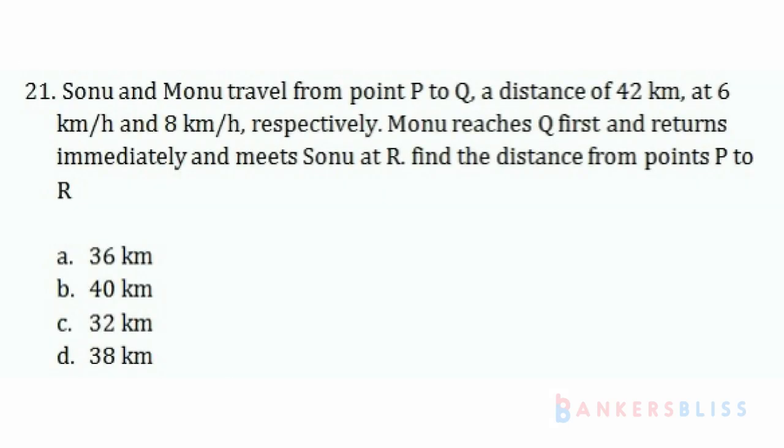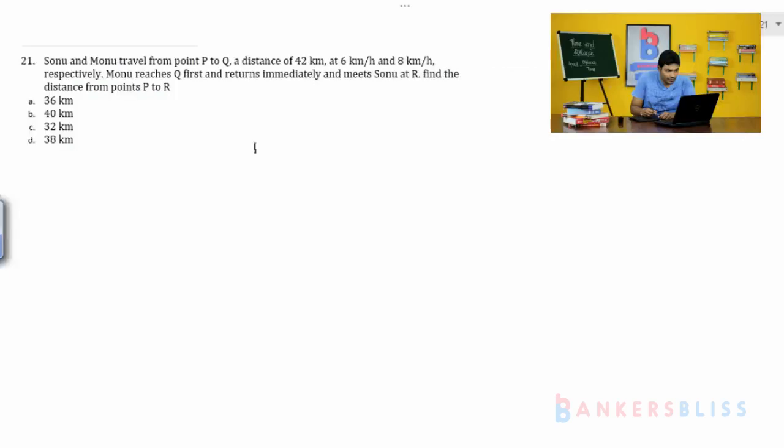Problem number 21. Sonu and Monu travel from P to Q at a distance of 42 kilometers at 6 km per hour and 8 km per hour respectively. Monu reaches Q first and returns immediately and meets Sonu at R. Find the distance from points P to R. See here, P to Q, the distance is 42 kilometers.